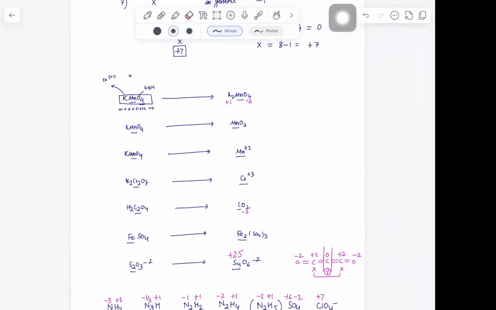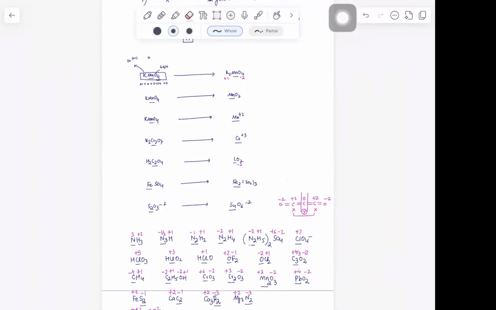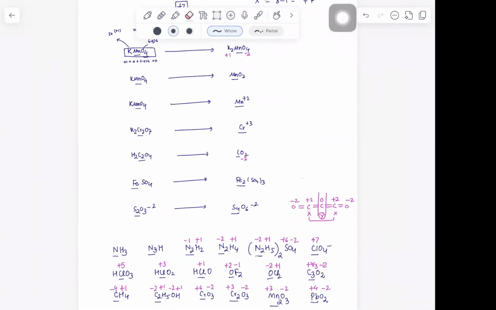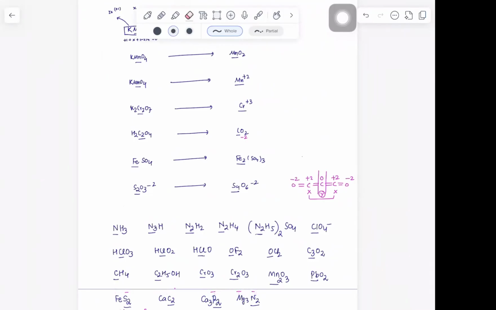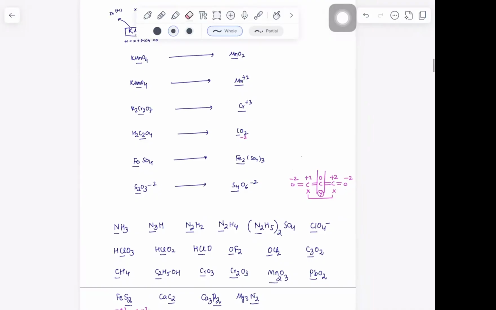Do that. ये भी कर ही लीजिए सारा. Can you see all the compounds?